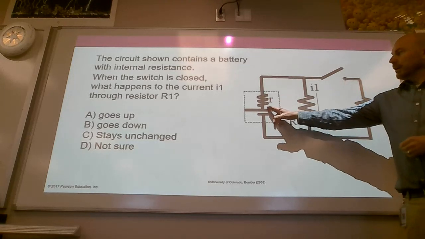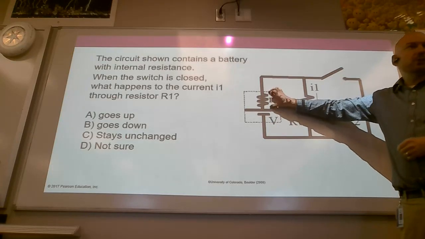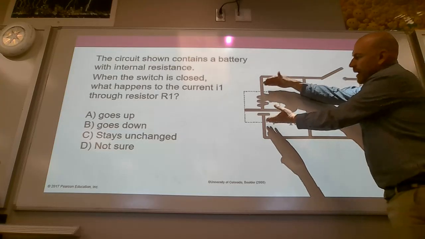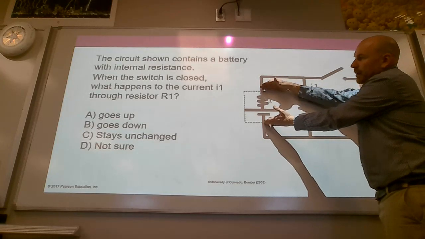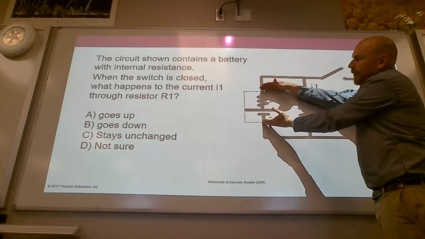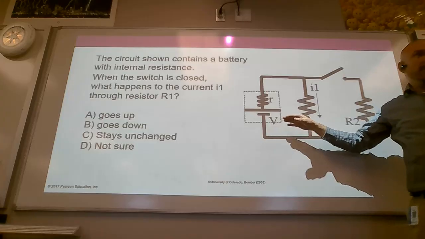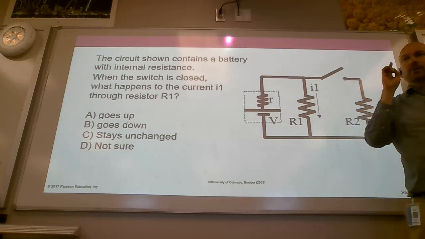So as more current goes through here, there's a bigger voltage drop across this guy. So that reduces the available voltage for that loop. Therefore, the current in here overall goes down.